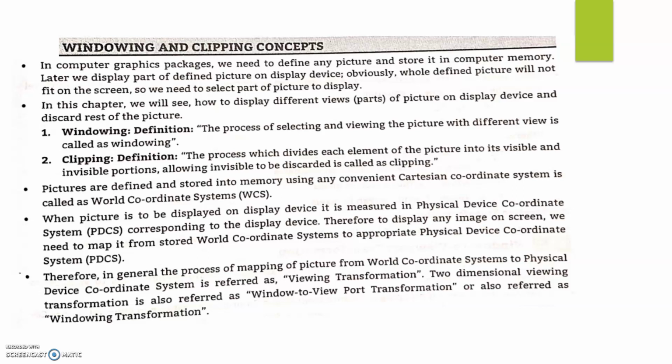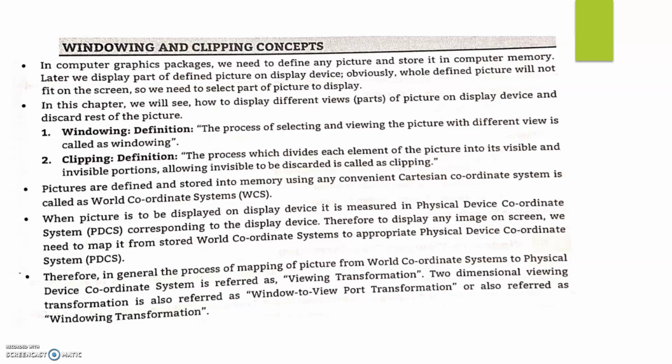Pictures are stored in memory using a convenient Cartesian coordinate system. It is called the world coordinate system, also termed WCS. When a picture is to be displayed on a display device, it is measured in a physical device coordinate system, that is PDCS, corresponding to the particular display device.